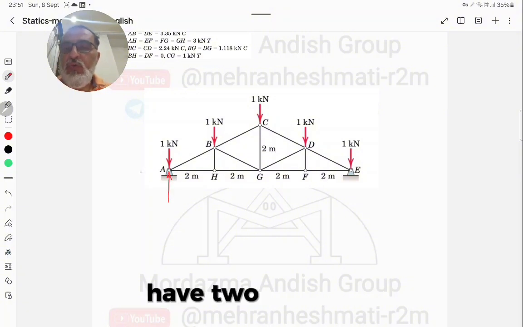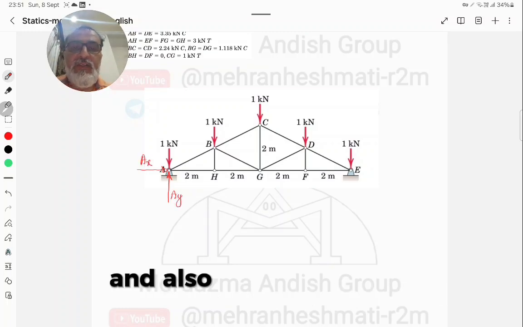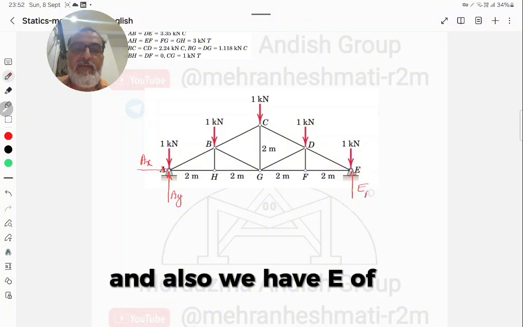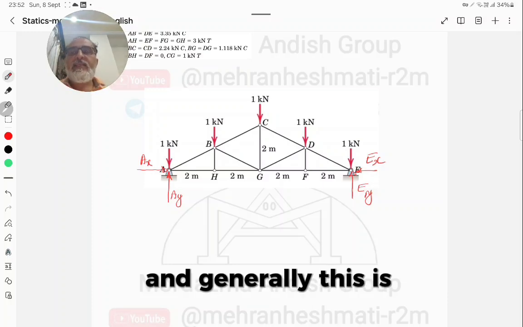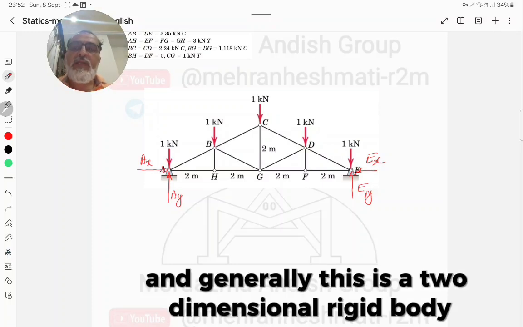Because in general these two supports have two reactions each. This is A of y and A of x, and also we have E of y and E of x. And generally this is a two-dimensional rigid body.